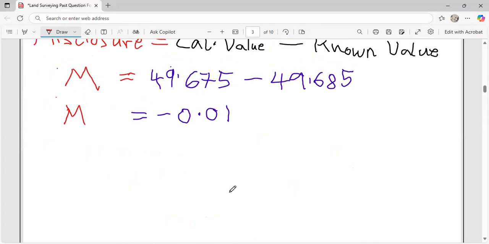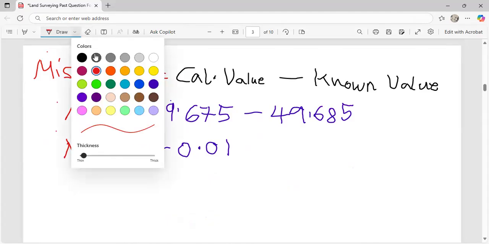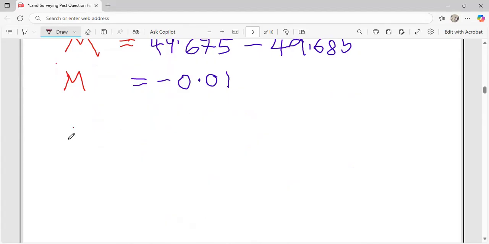After getting the misclosure, we have to calculate for our adjustment. From previous lectures, what did we say the adjustment was? We said that the adjustment is the allowable misclosure over the number of backsides.